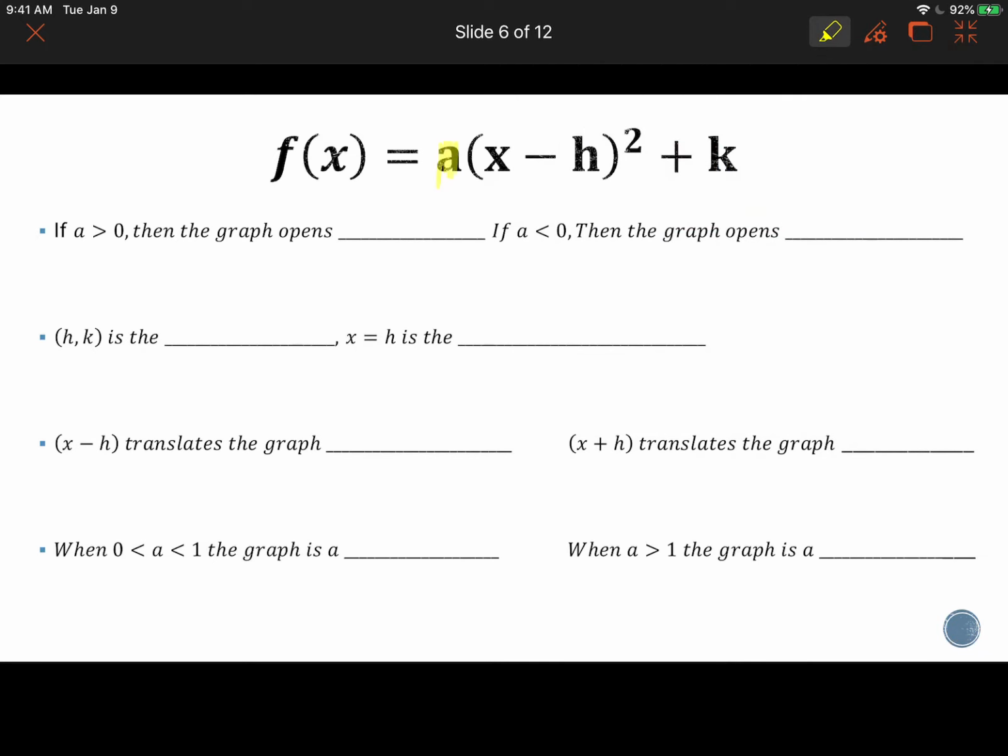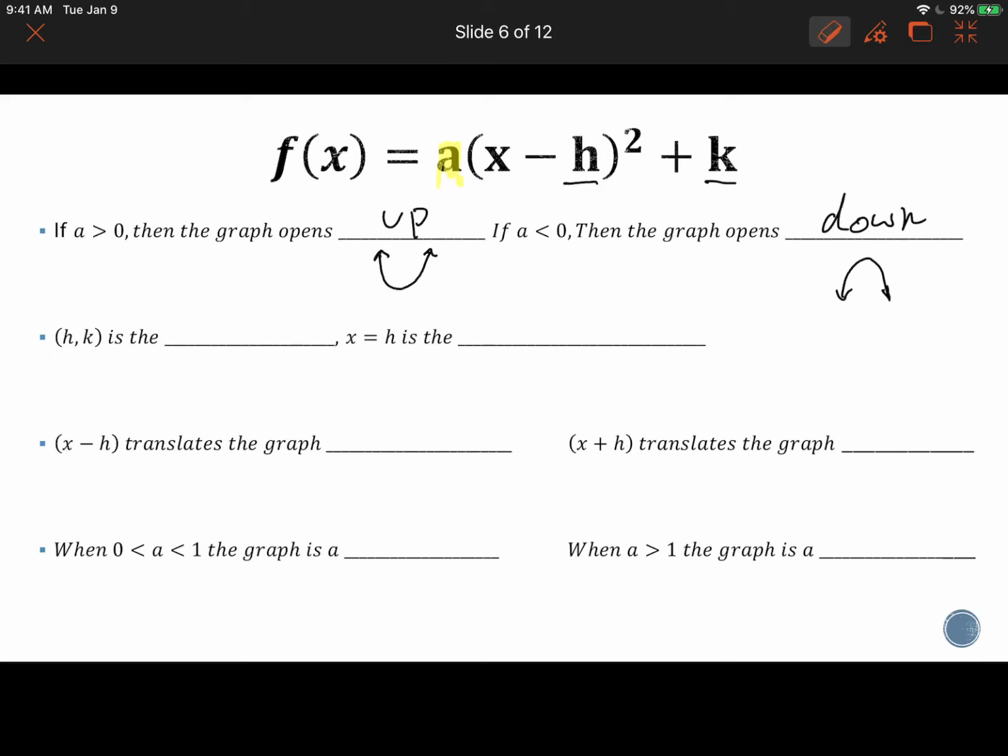Let's take a look at this value of a. When a is greater than 0, then the graph is going to open up, like so. But if a is less than 0, as you saw in our second example, we had a reflection, so my graph is going to open down.